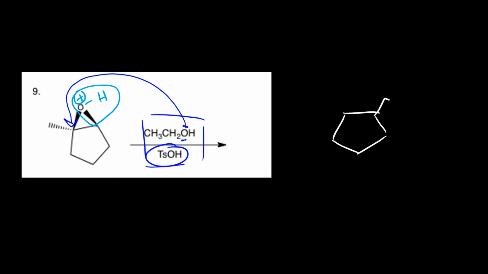So when I draw this oxygen in, it's here. The methyl group, we're going to flip up. So now it is going to be sticking up, and then the nucleophile, which was the ethanol, is going to be coming down from the opposite way that ether was bridged.